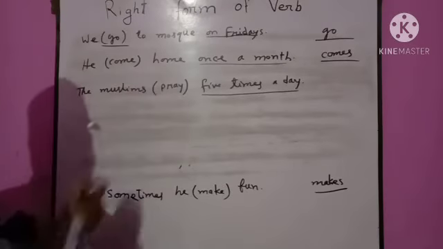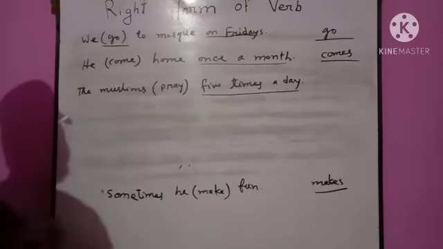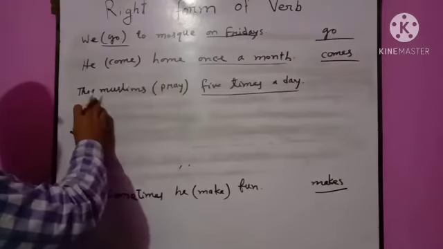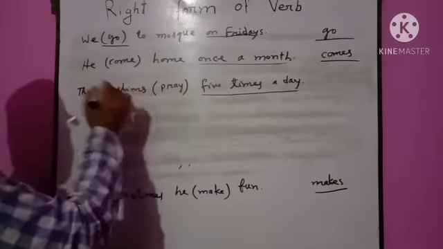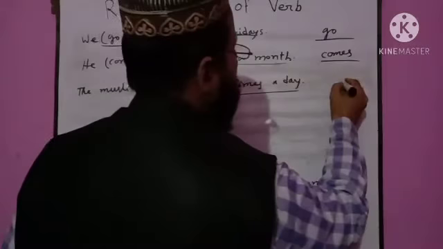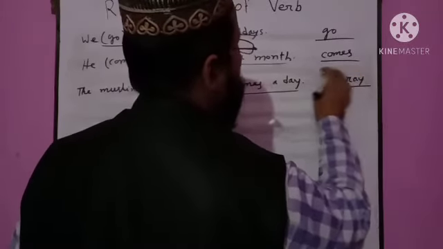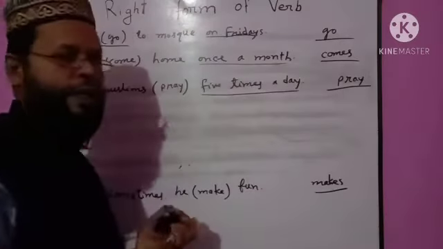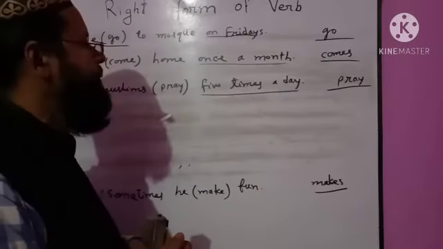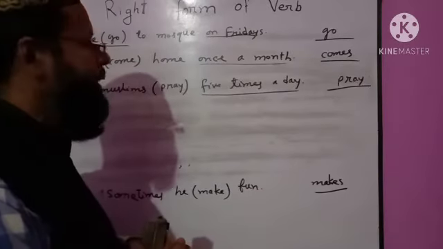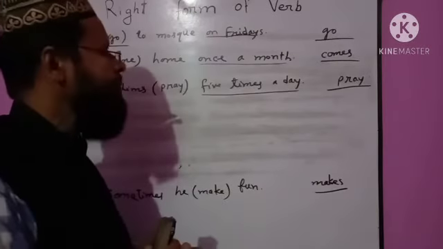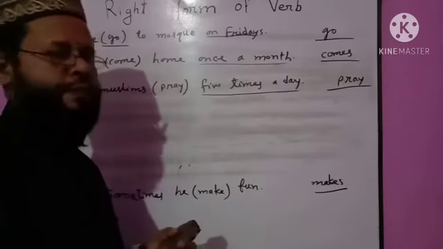We shall use the present form of the verb pray. Here the subject is third person plural number, so pray will not be changed. Pray will be pray. We should not use s or es after the verb if the subject is plural number or second person or first person.